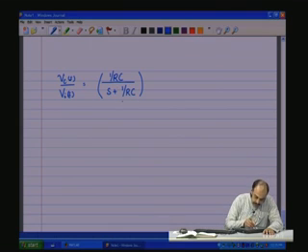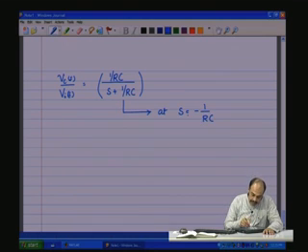This has a root. What is the root? At S equal to minus 1 by R C. At S equal to minus 1 by R C, if you substitute here, this will go to infinity.